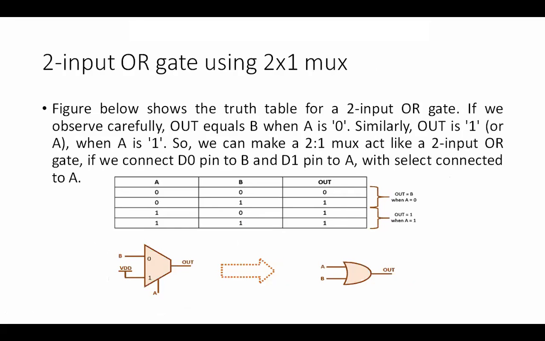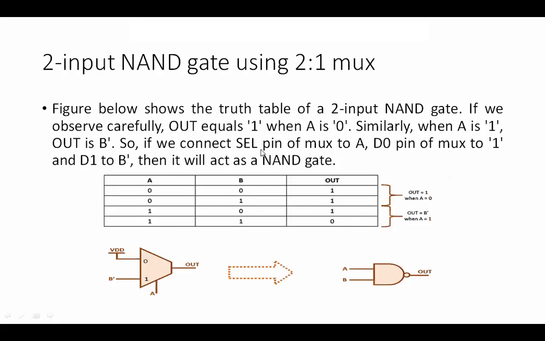So your output is equal to 1 when A is equal to 0. Then your output, you can see that here also it is a complemented version.